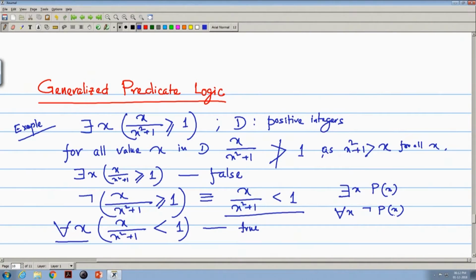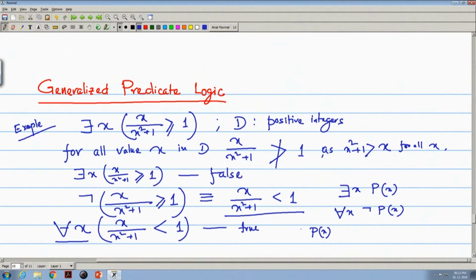Then we can write the same propositional function p x using the existential quantifier or using the universal quantifier, but obviously it will be totally reverse or the negation. The statement will tell either it is true or it is false.